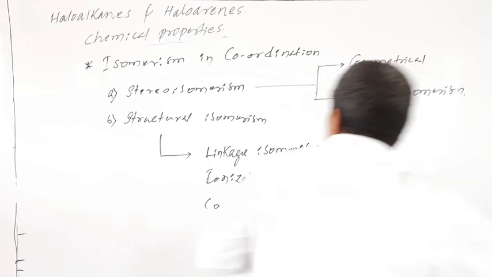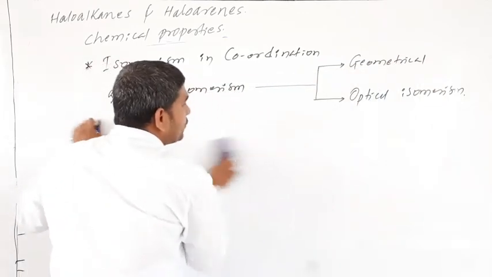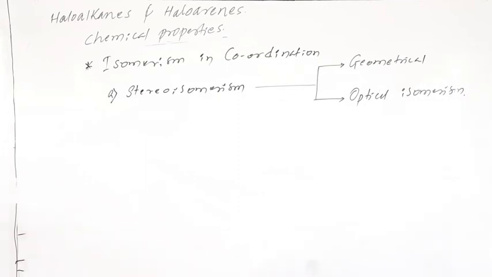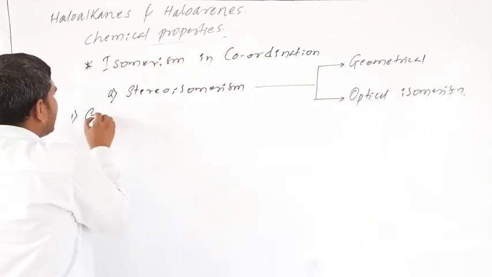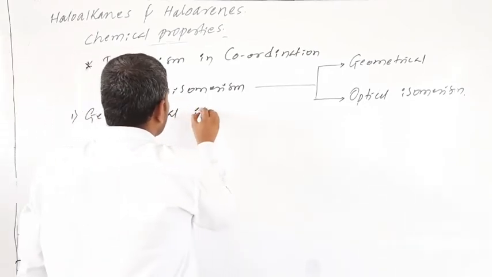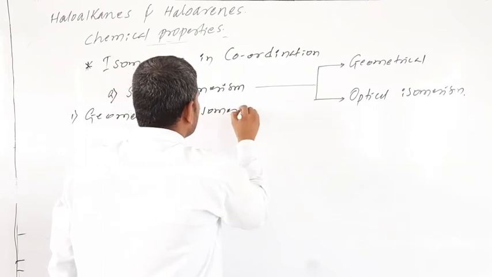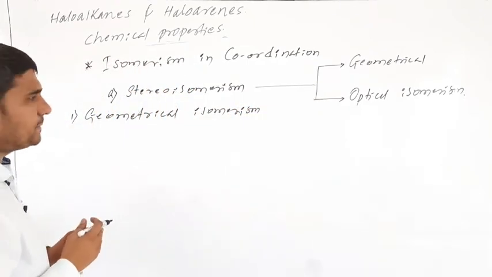Okay, if you observe, stereoisomerism is again classified into what? Two types. One is geometrical isomerism, another one is optical isomerism. What is geometrical isomerism?